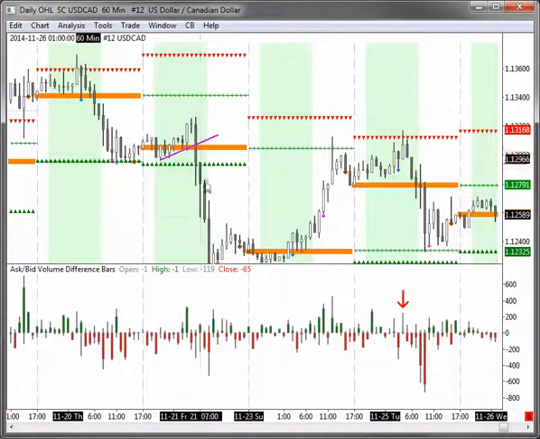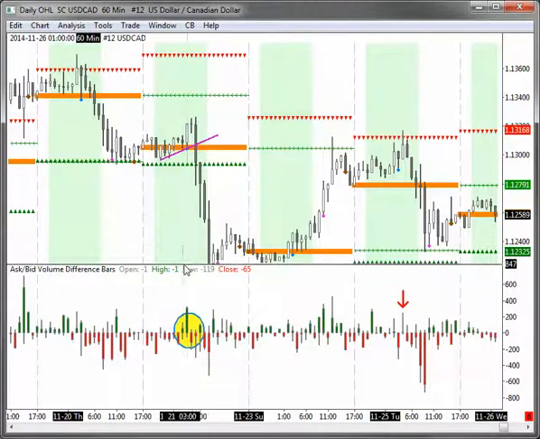And so what I'd want to do then is study the behavior of the ask bid volume difference bar around here. Let me put in some vertical lines.